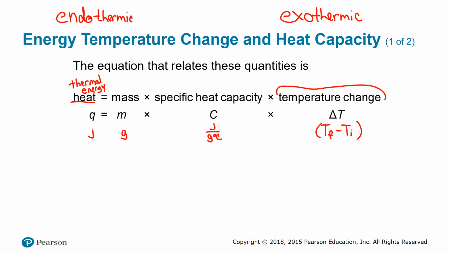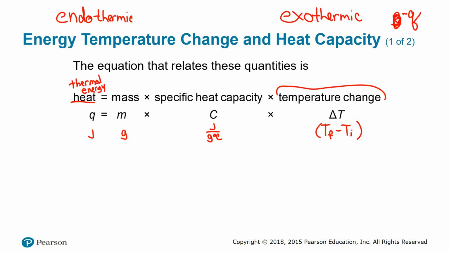So what that means in terms of Q in an exothermic system, Q is going to be negative. It's going to be a negative number if the heat is leaving the system. What that means is your initial temperature is larger than your final temperature. That's how we end up with the negative Q.